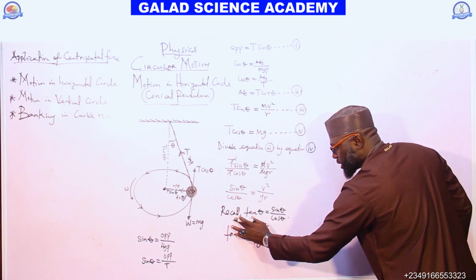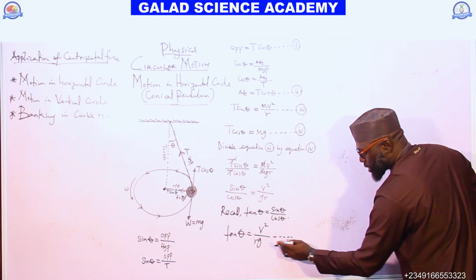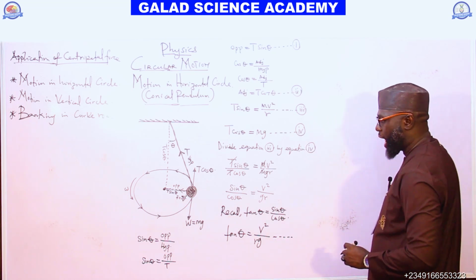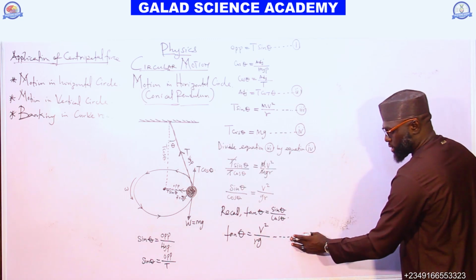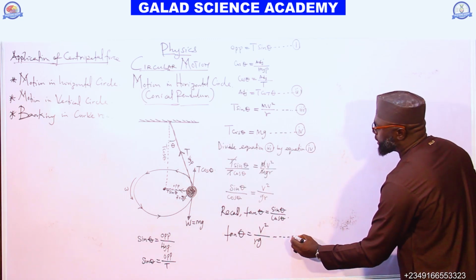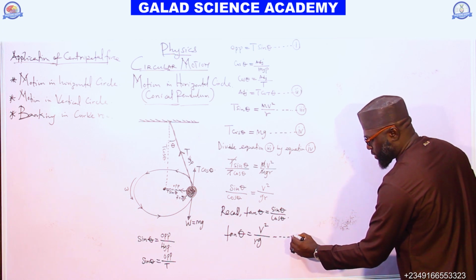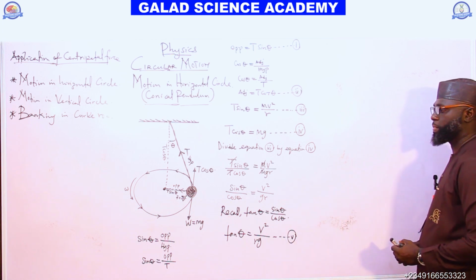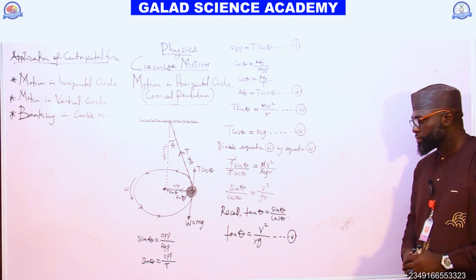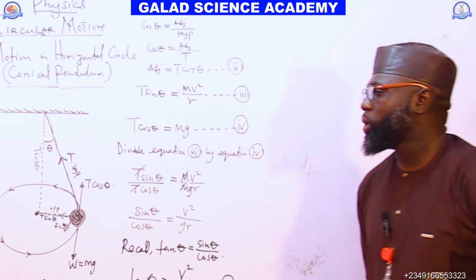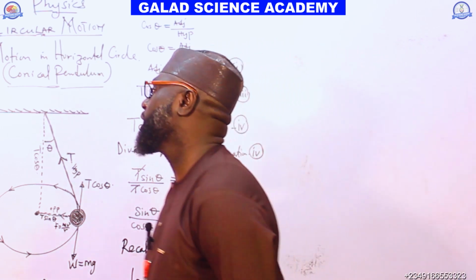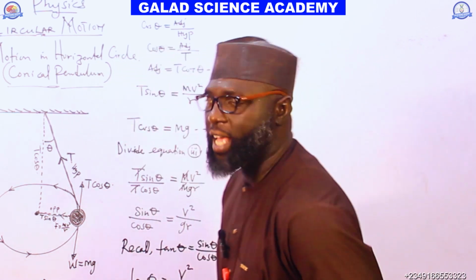So this is the angle of the conical pendulum. That will be Equation 5. The next thing is, let us look at motion in a vertical circle.